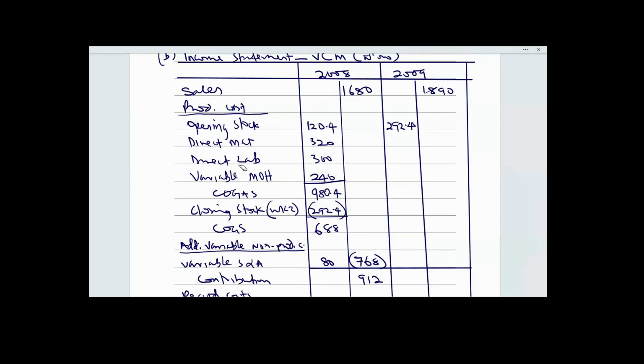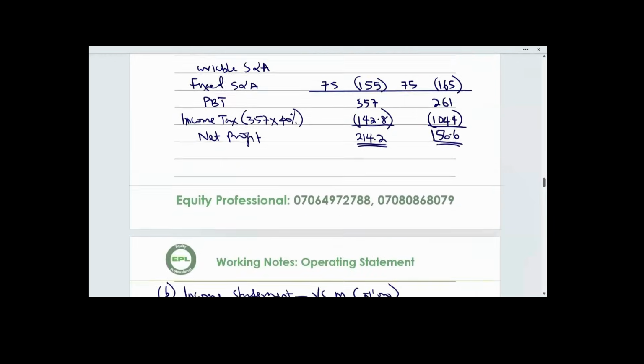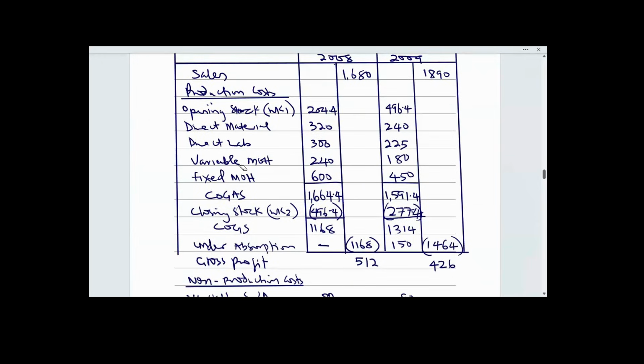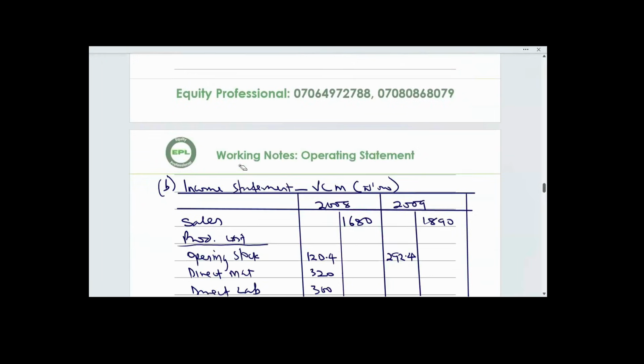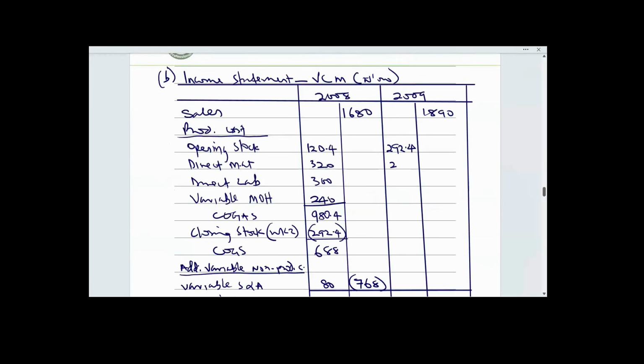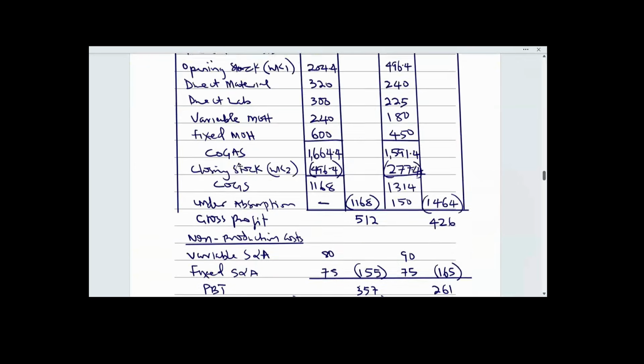Then what do you have as direct material? The same thing we calculated: 240, 225, 180. Add it up. What do you get? 937.4. Okay, let me see. What did I put there?